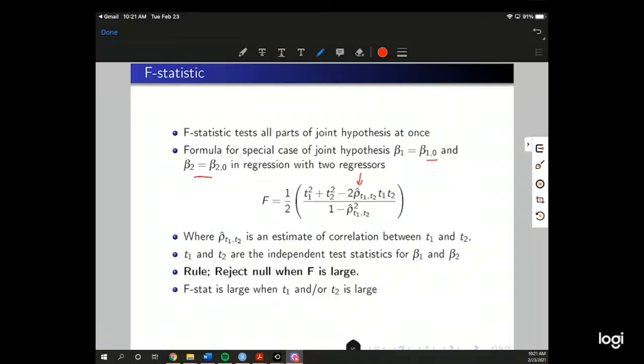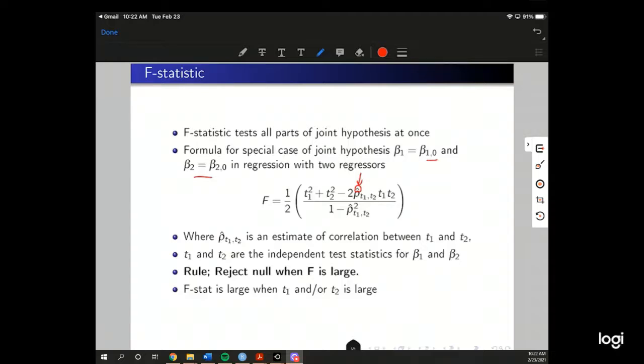That term, rho, is the sample correlation. We know it's the sample because it has the little hat there. The sample correlation between the two t-stats, times t1 and times t2, and then we're going to divide by 1 minus the correlation squared.